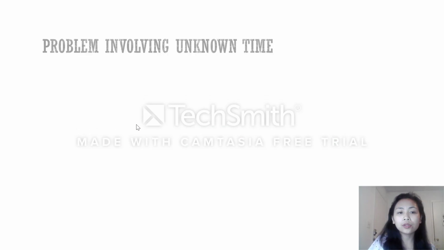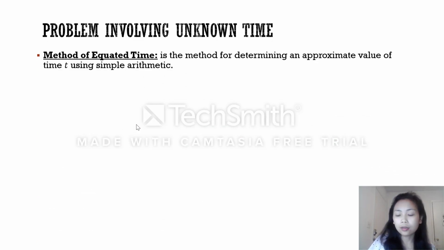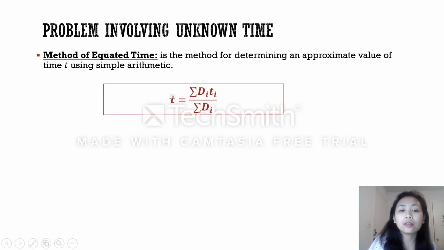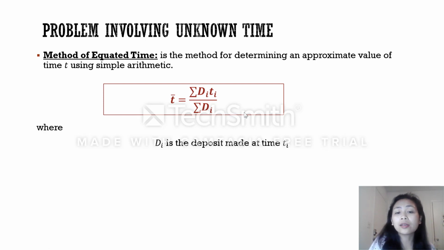Now we are going to the second method, the method of equated time. This method is for determining an approximate value of time t using simple arithmetic. So t bar, the arithmetic mean, is equal to the summation of d_i times t_i over the summation of d_i. This is similar to a weighted mean, where d_i is the deposit amount at time t_i.